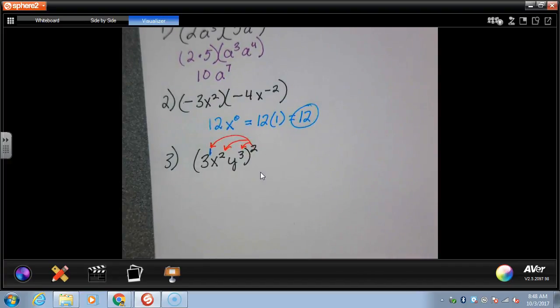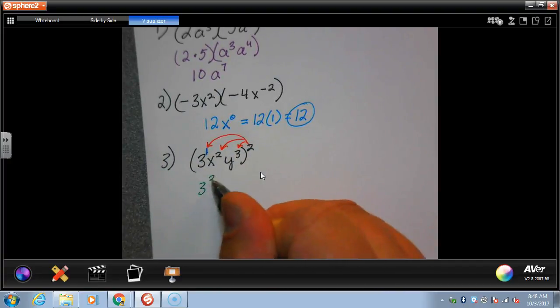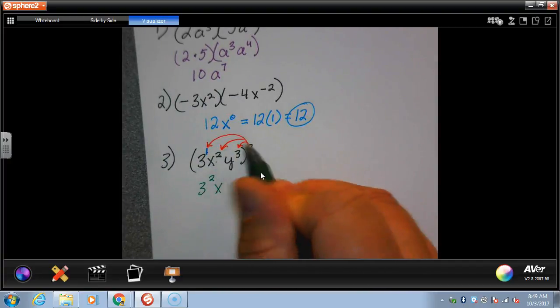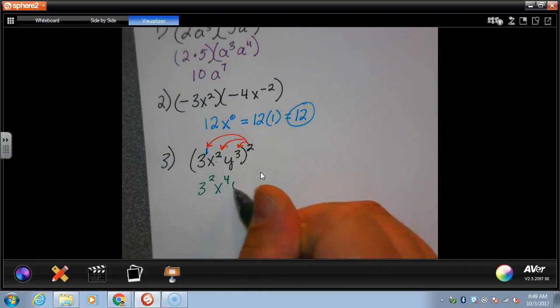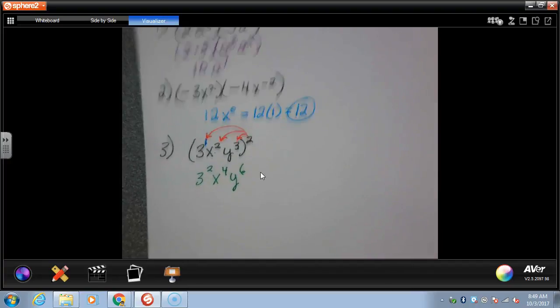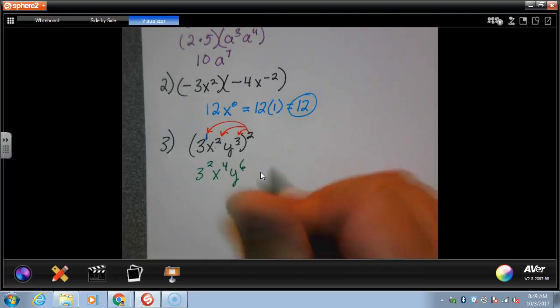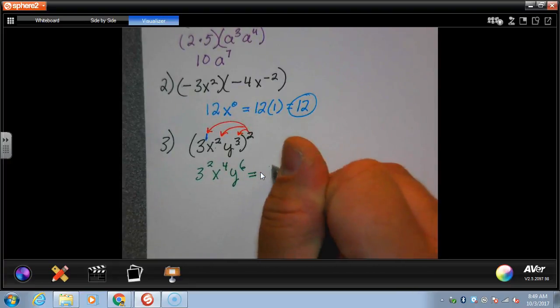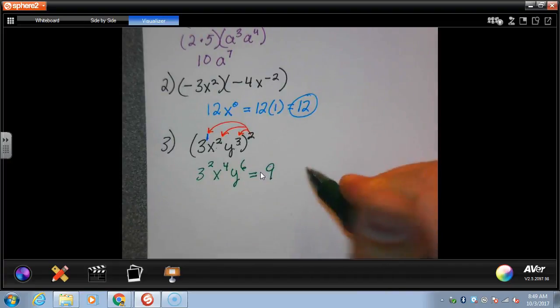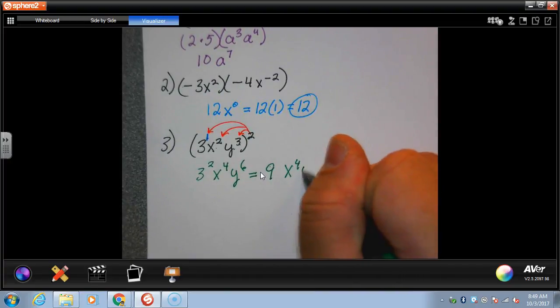So I end up with 3 to the 1 times 2 is 3 squared. X to the 2 times 2 is x to the 4th. Y to the 3 times 2 is y to the 6th. Now, you are more than happy to multiply out 3 squared. I really don't care. I'm not grading you on whether you can square a number or put it in a calculator correctly. Either one is fine.